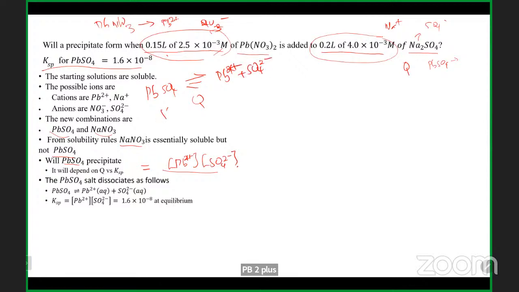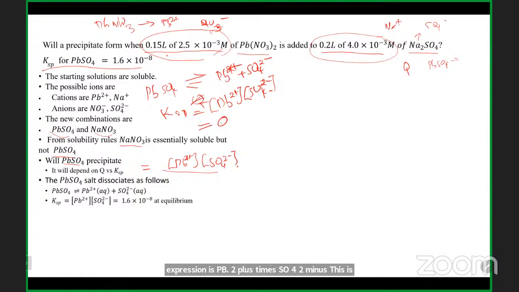The equilibrium constant expression is [Pb2+] times [SO4 2-]. This is also the way we calculate Q. It's just that Ksp is for equilibrium, while Q is at any point in time. So let's calculate Q.